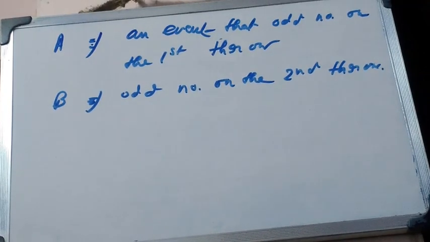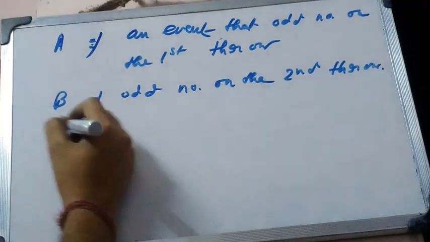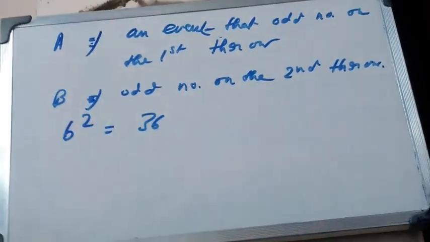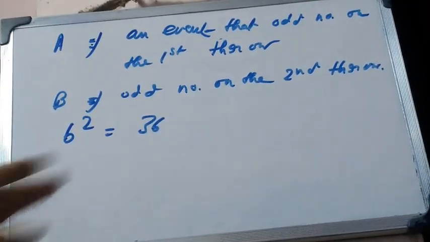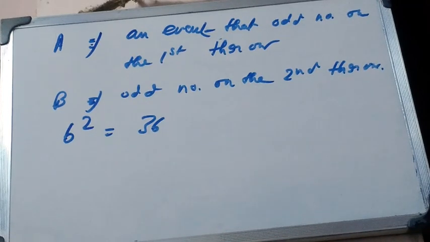Now we have to check whether A and B are independent or not. Since it is an unbiased die, the number of ways of getting outcomes is 6 square, that means 36. We can find 36 outcomes.